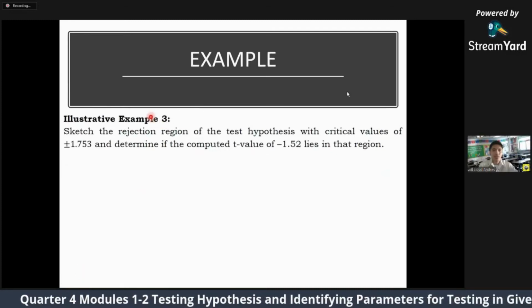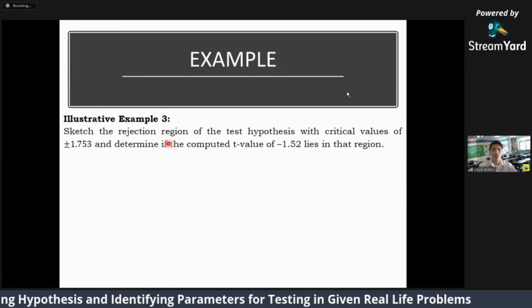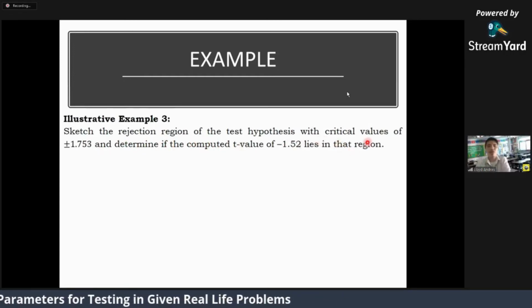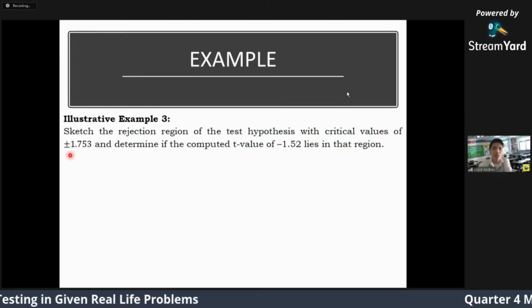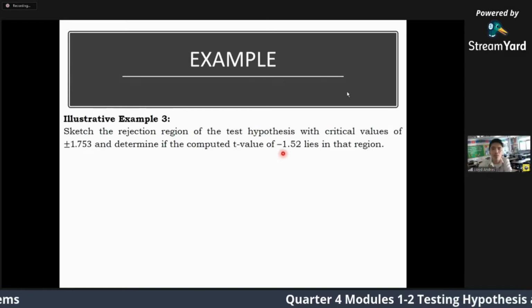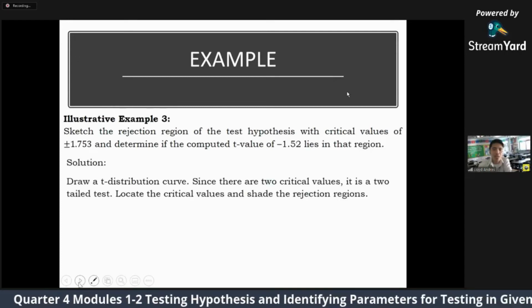Another illustrative example: sketch the rejection region of the test hypothesis whose critical values are positive or negative 1.753, and determine if the computed t-value of negative 1.52 lies in that region. So we are asked to sketch.